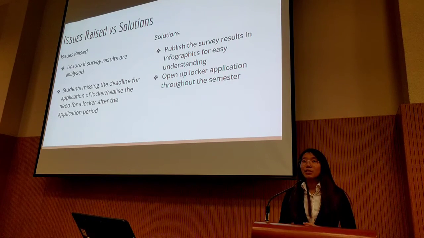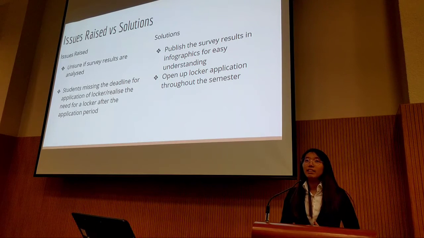Basically, there are two major issues raised by the student population. First, they are unsure if the survey results are analysed, and second, students miss the deadline for the locker application and realize that they need a locker after the application period. So we propose two solutions.